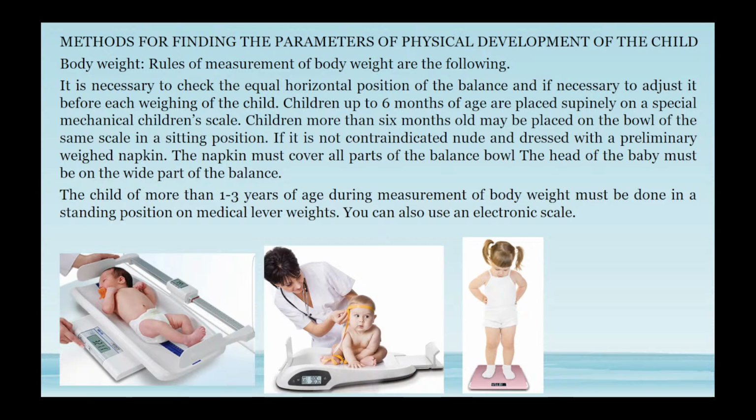The head of the baby must be on the wide part of the balance. If the child is more than 3 years of age, during measurement of body weight the child must be in a standing position on medical level weights.